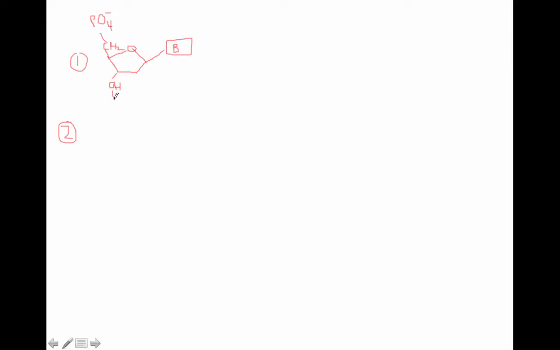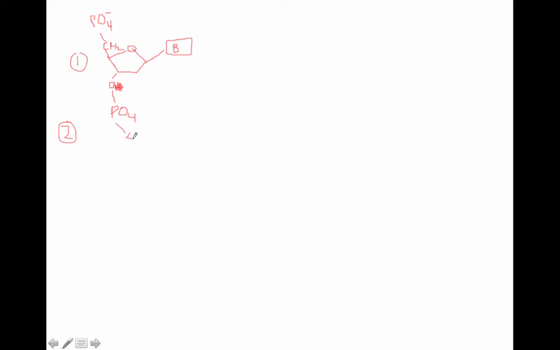And so this is going to bind to a phosphate. So I'm just going to draw PO4 for phosphate. In this process of forming this bond, we're going to lose this hydrogen. So I'm just going to scribble this H out, but we keep the oxygen there. Okay, so let's see if I can draw this reasonably well.